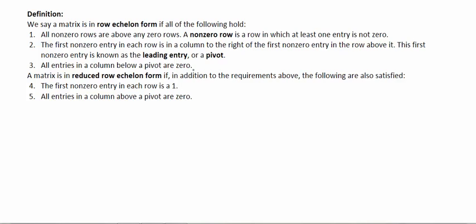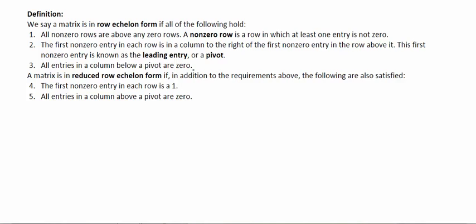We say a matrix is in row echelon form if we have these three properties. 1, all non-zero rows are above any zero rows. And a non-zero row is just a row in which at least one entry is not zero. 2, the first non-zero entry in each row is in a column to the right of the first non-zero entry of the row above it.